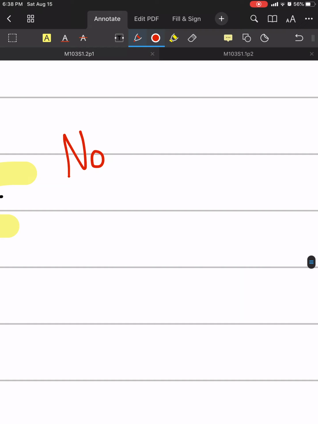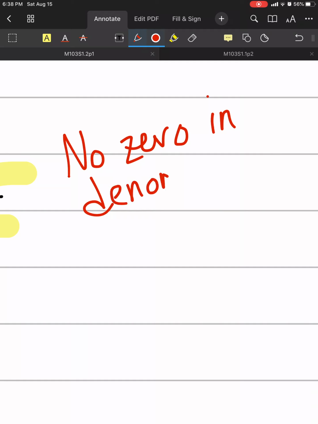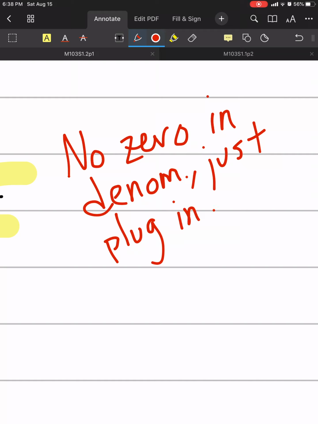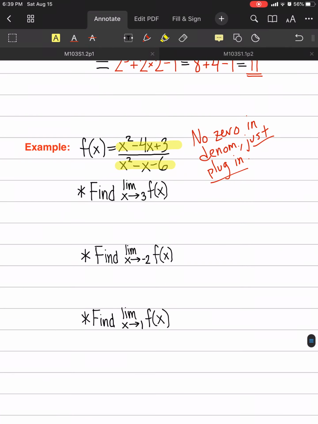No 0 in the denominator, you just plug in. Okay, so if you don't get a 0 in the denominator, you just have to plug in like we did before.